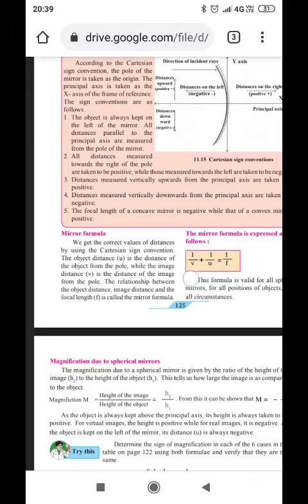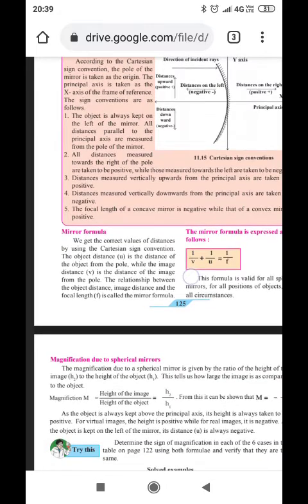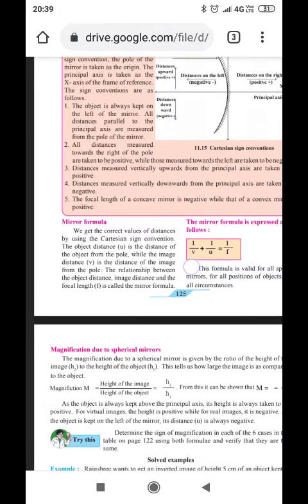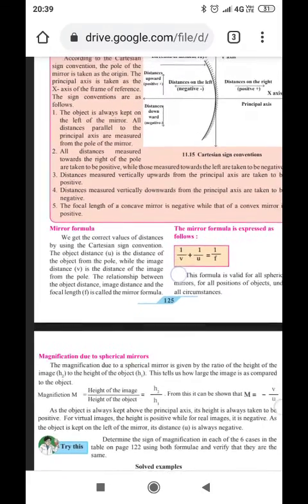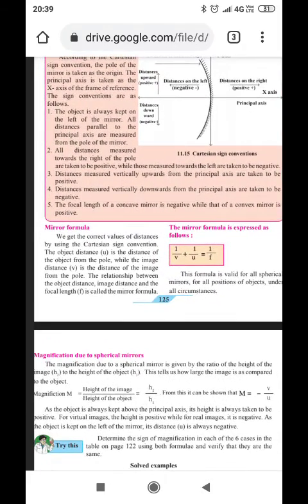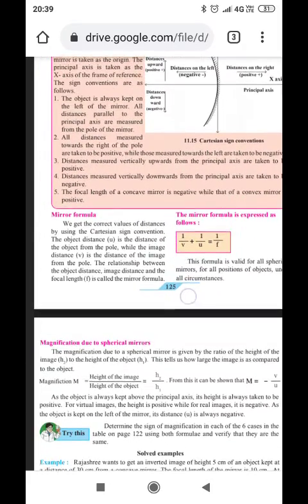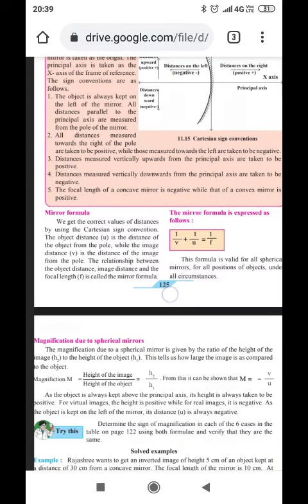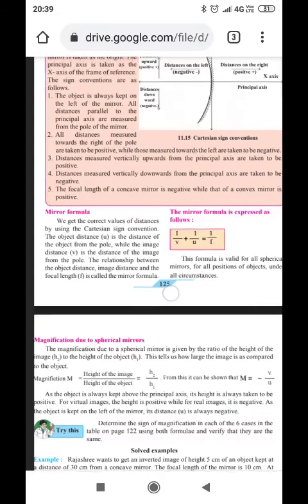All distances measured towards the right of the pole are taken to be positive, while those measured towards the left are taken to be negative. The distances measured vertically upwards from the principal axis are taken to be positive, while distances measured vertically downwards from the principal axis are taken to be negative. That is representing the height of the object and the image.